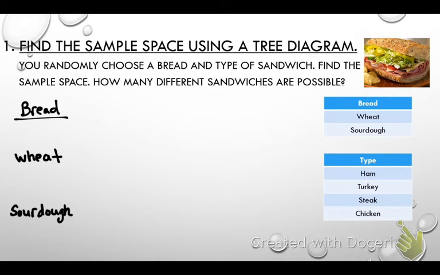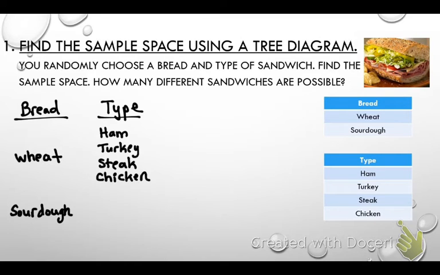Next up, we have 2 kinds of bread, and we have 4 types of sandwiches. So over here, we're going to go ahead and write down what the types are. Guys, what are the 4 types? All right, so let's write that down. Okay, so with these different options, I could put ham on my wheat, or turkey on my wheat, or steak, or chicken, okay?